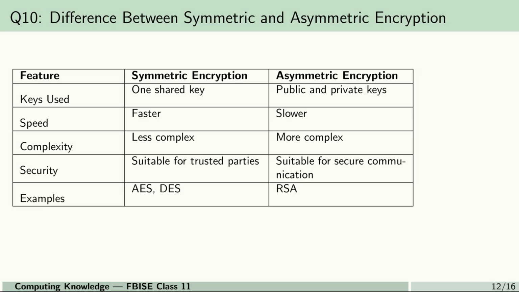Examples of symmetric encryption are AES and DES, while an asymmetric encryption example is RSA. If symmetric equals a single key, asymmetric means two keys.